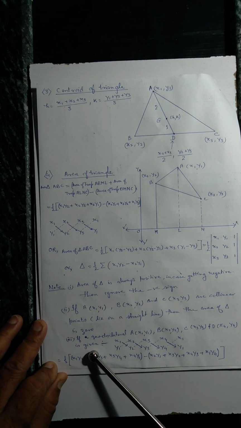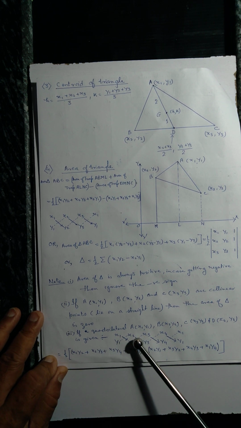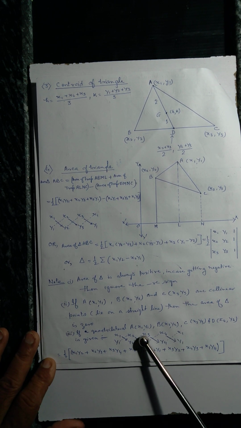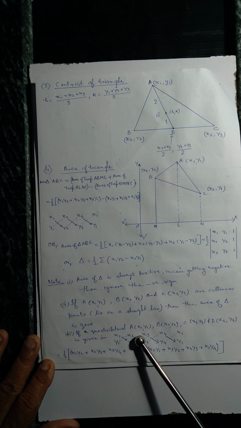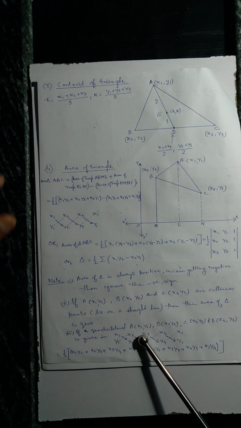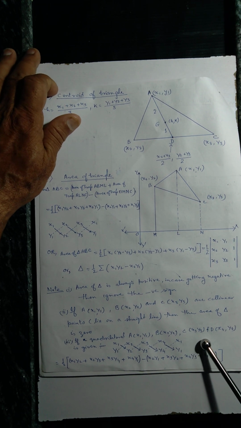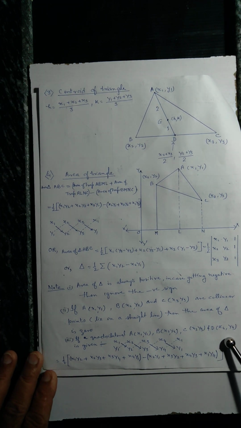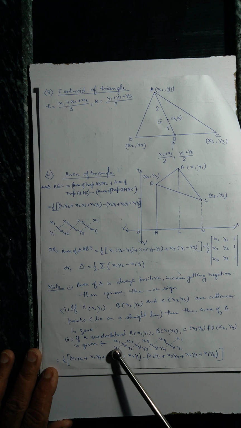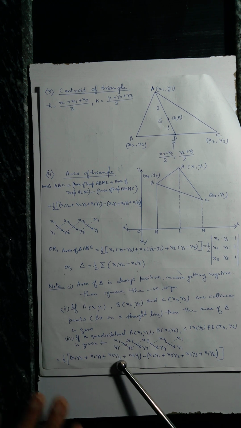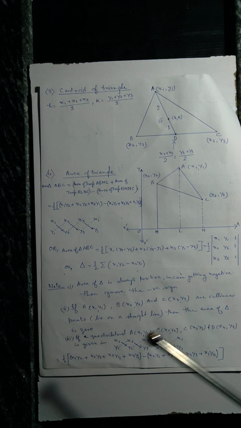In case you have to find the area of a quadrilateral whose vertices are given, you see here the vertices are given, that is A x1 y1, B x2 y2, C x3 y3 and D x4 y4. You just write them in the form given below.